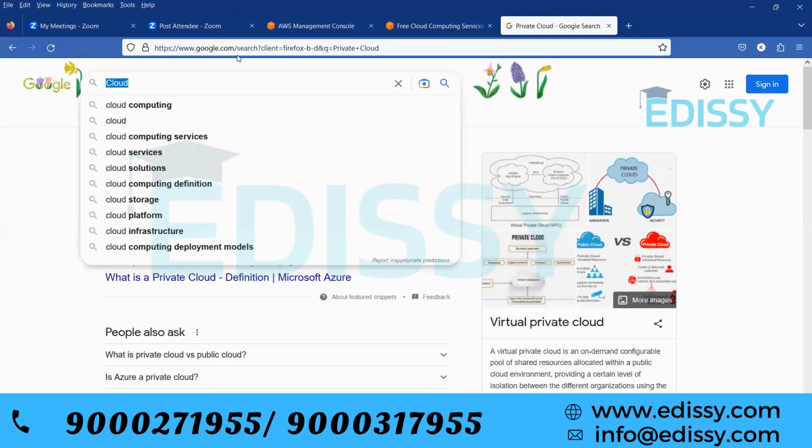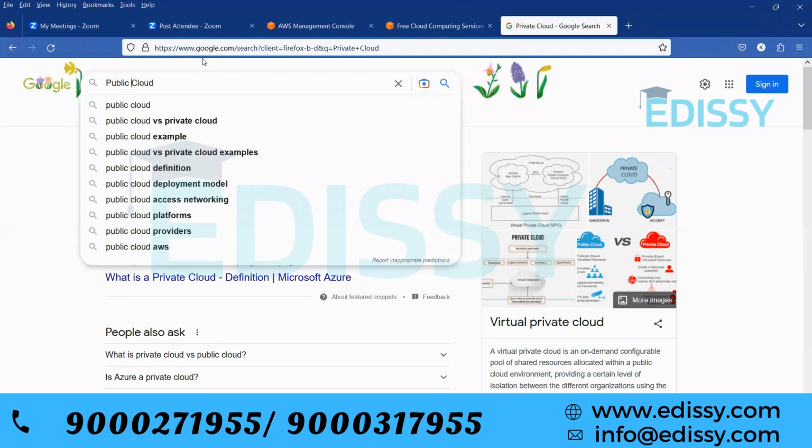So by default, it is understood that cloud services are provided over the internet, and hence people said, let's define a word called public cloud. Because public cloud means a cloud service provider is providing cloud services or data center services via the internet. That's where public cloud came in.